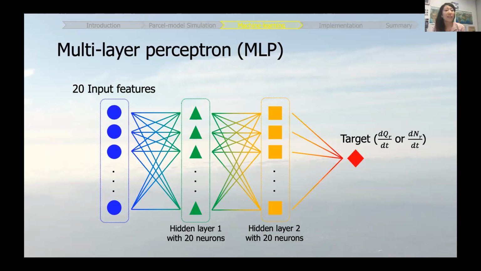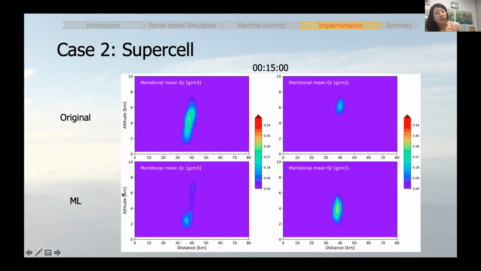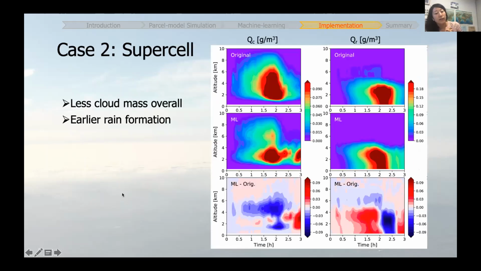Yeah, okay, well, that's an excellent question too. If you can go to slide number 24, it's case 2 supercell. Yeah, that's perfect.